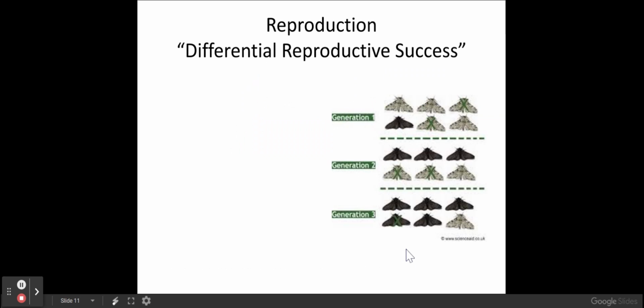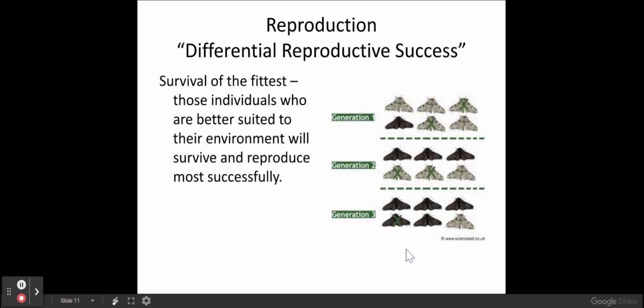So now we come to kind of the crux of the argument. So you have lots of babies, they have a lot of variation, there's selective pressure in the environment, some of them are better suited. Well, for natural selection, it's all about who survives and leaves behind offspring. So if you survive, the assumption is you're going to produce offspring, and if you can pass that trait on to your offspring, it's going to increase in the population.